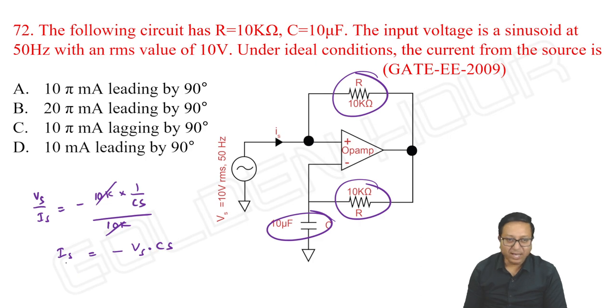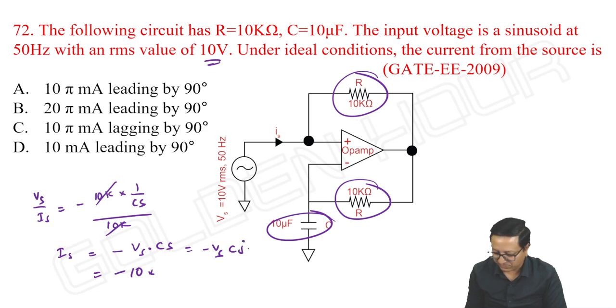And what about the RMS value? RMS value of this current is equal to minus, right? What is Vs here? It is given as 10 volts, right? Minus 10 into C into s, where s is j omega, that is j 2 pi f. Then let me substitute the values.